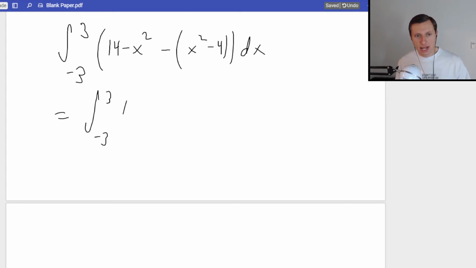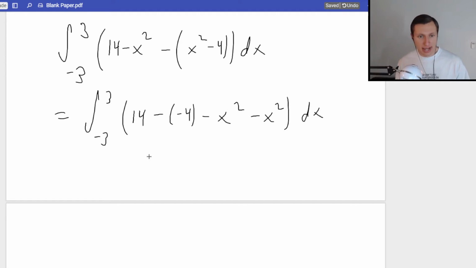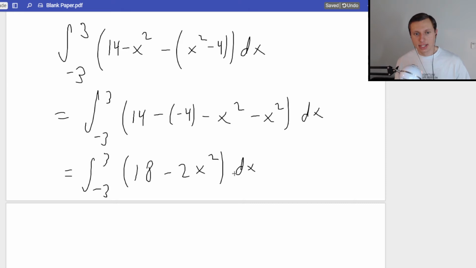Everyone see that? I have 14 minus a -4. That's going to be 14 plus 4, so that will become 18. And then minus x squared minus a second x squared dx. So if I simplify that, I get the integral from -3 to +3 of 18 minus 2x squared dx.